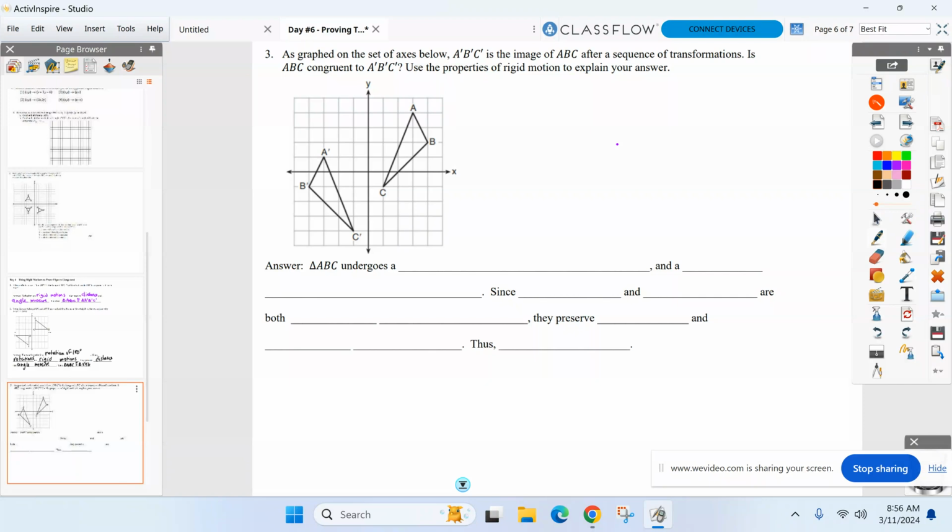Just because it works from A to A prime doesn't mean you got the correct one. It's got to work from B to B prime and C to C prime. So what do I have to do here, kids? You know where reflection's involved. What else? Be specific. What line are you reflecting over?